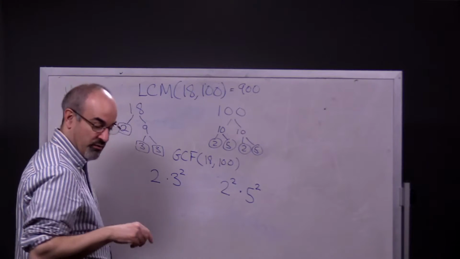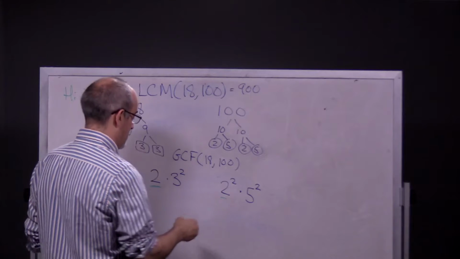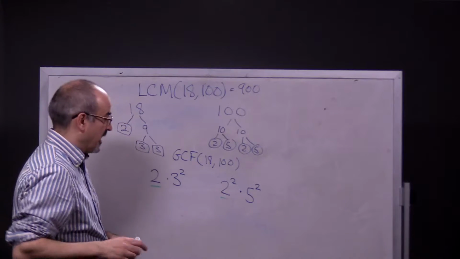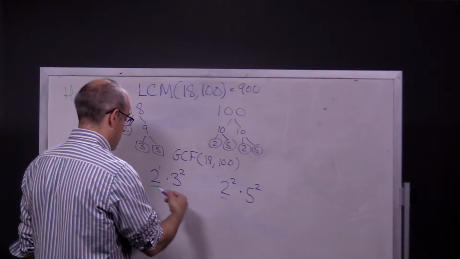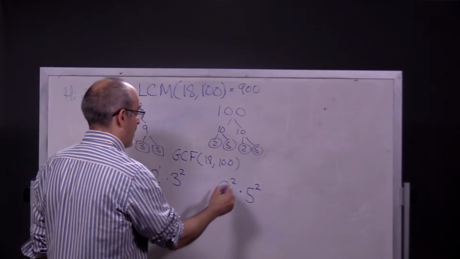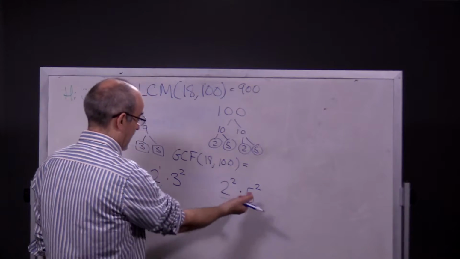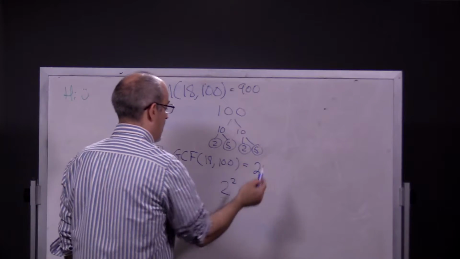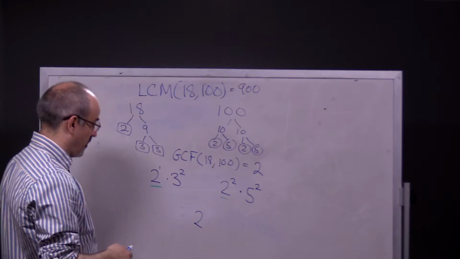It has to be in both. Well, if you notice that the only number that's in both is 2, then you take the lowest power. So we have either 2 to the first or 2 squared. So 2 to the first is the lowest power. So you just have 2 times nothing, really. So it's just 2. So the GCF of 18 and 100 is 2.